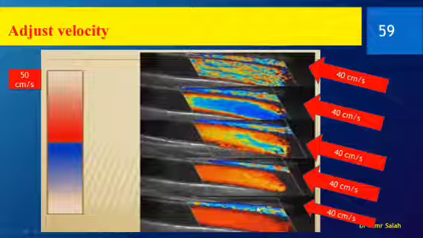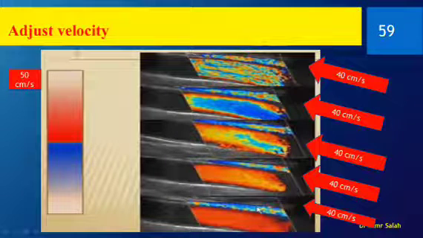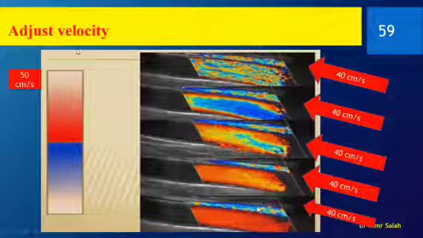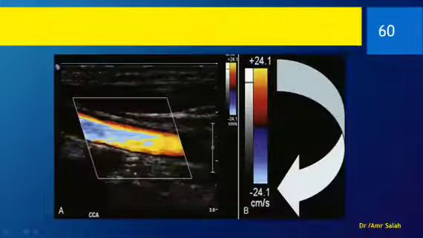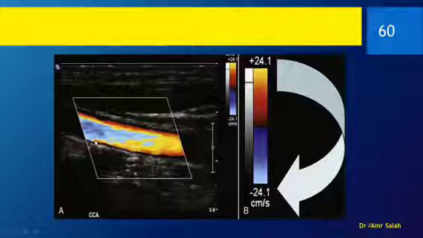Okay, so it is really important to adjust the velocity or the scale or the BRF in order to know the direction of your blood and the color flow, and also the variation of the velocities inside. So this is a very important example that we have discussed.